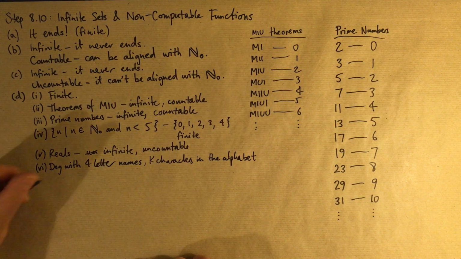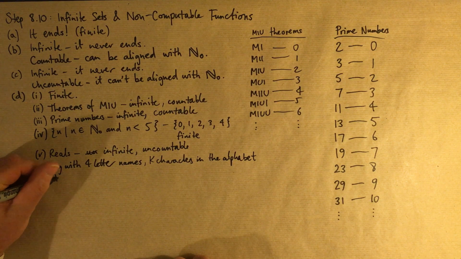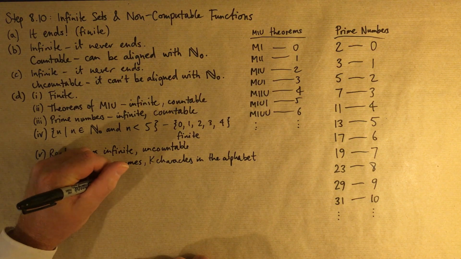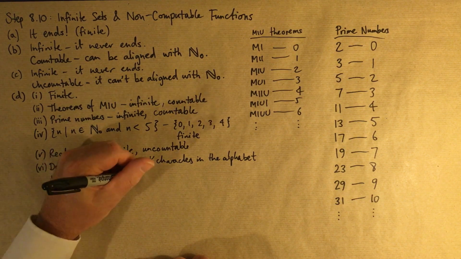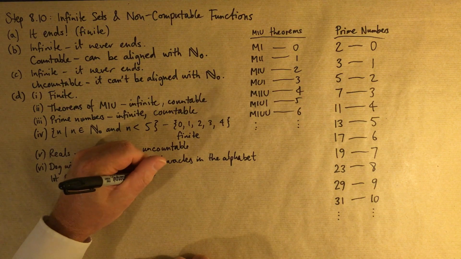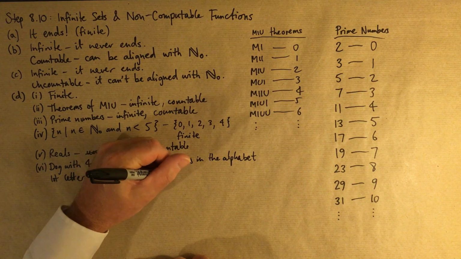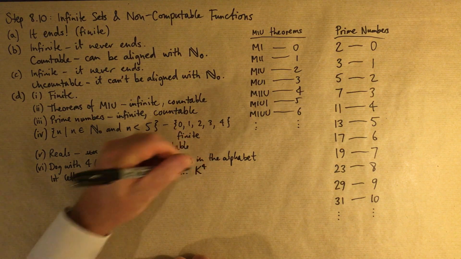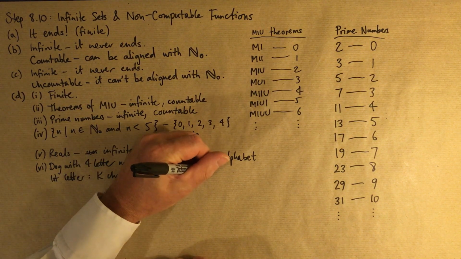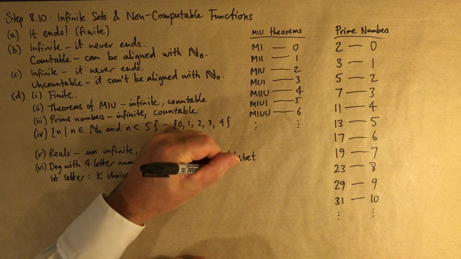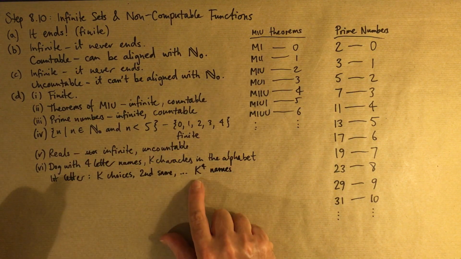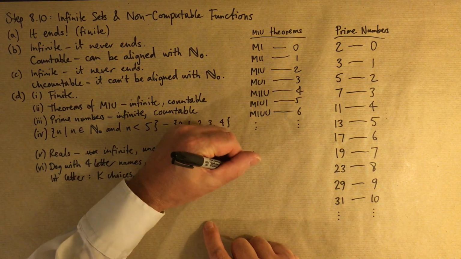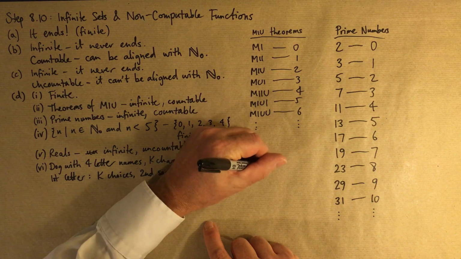So for the first letter there are k choices. Second letter is the same, and so on. So in fact there are k to the 4 different possible names. And because k is a finite number, k to the 4 is a finite number, so therefore it's finite.